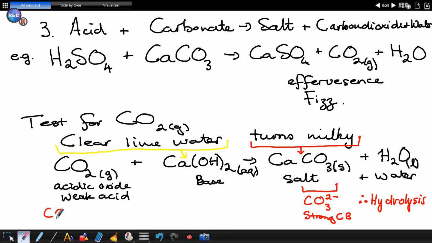So it's the carbonate ion in the presence of water. It will form HCO3 negative and OH negative. Yes. So what will the pH of the solution be? It is basic. It's greater than 7 because of the hydroxide ions that are formed.